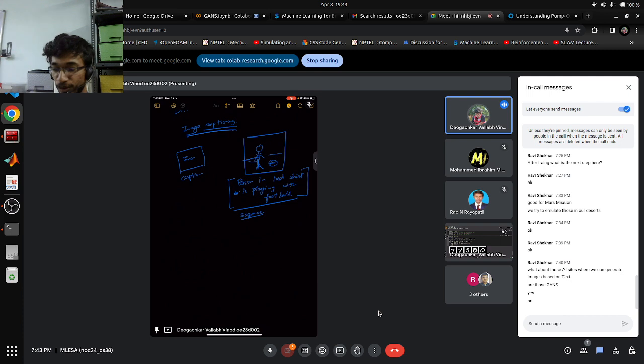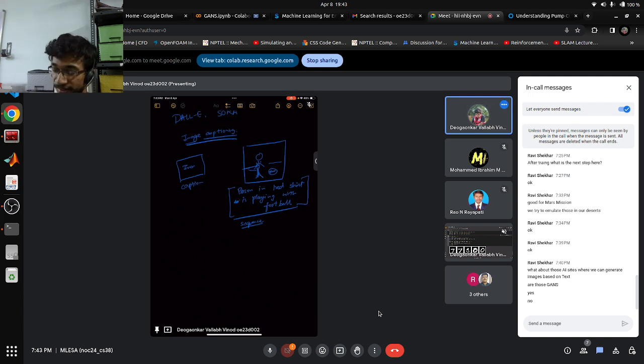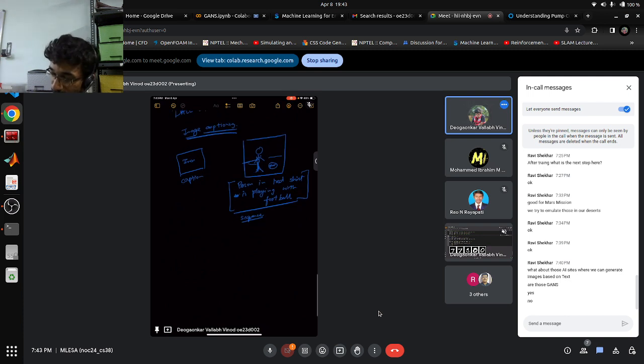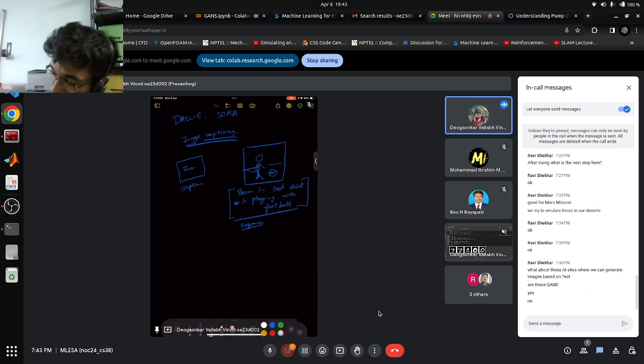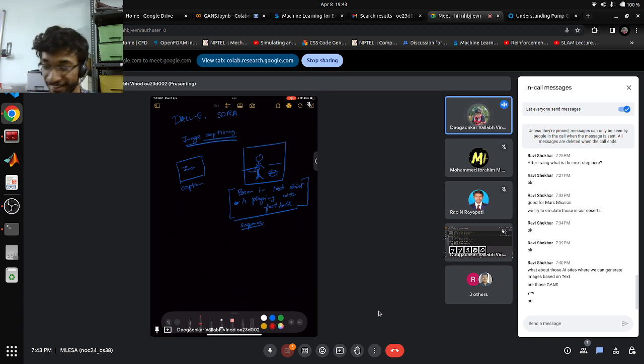This sequence has words, which in common ML literature, the lingo is tokens. There are some important words here, like person, red, shirt, maybe, or the football.